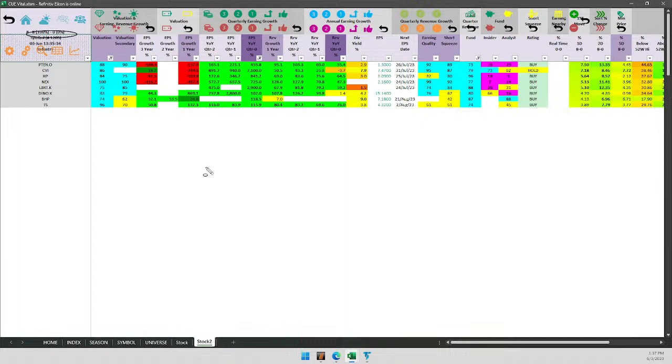And in this case, I chose only liquid mid-price stocks. They tend to move more in terms of percentage when they start to move. So I focused on liquid mid-price stocks. And I also quickly identified the stocks in that list that are undervalued with earnings growth with fund accumulation.